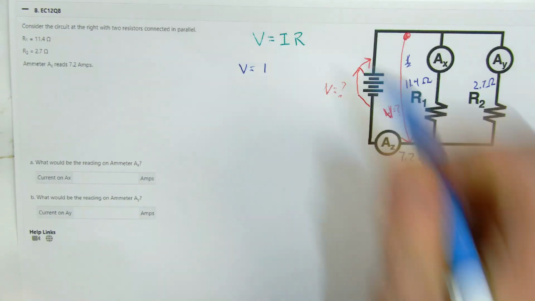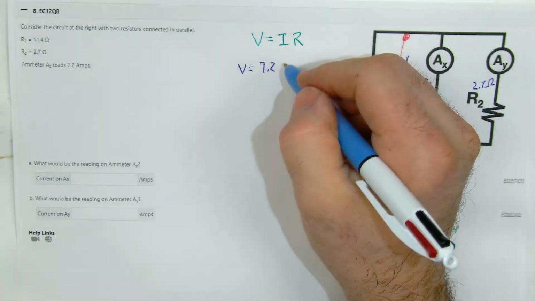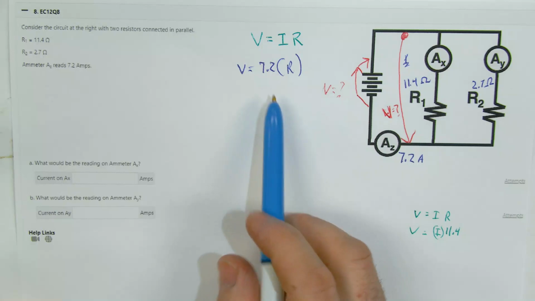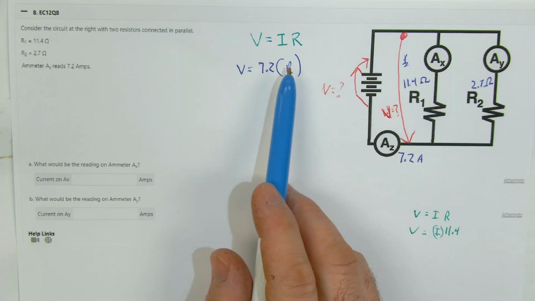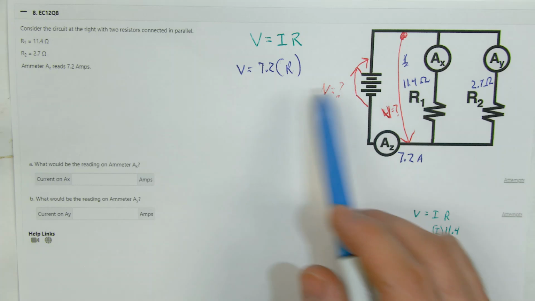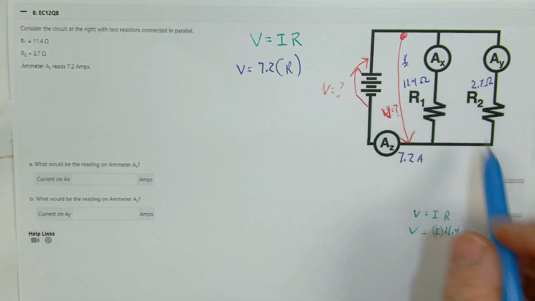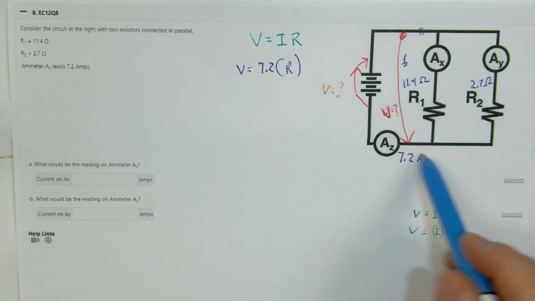7.2 amps times R. Now, here's a problem. We don't really know what R is. But you can figure it out, because R is going to be R total, the total resistance from here all the way around.